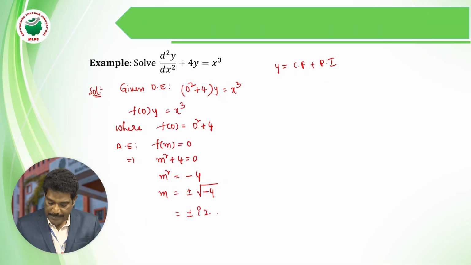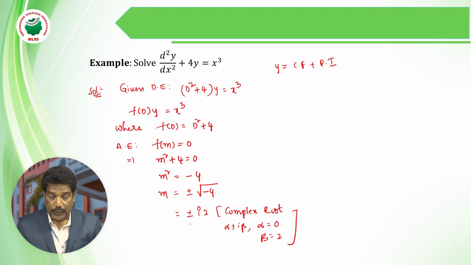So finally it becomes a complex root in the form of alpha plus or minus i beta. Comparing, alpha becomes 0 and beta becomes 2.